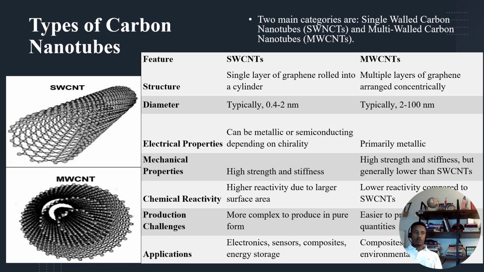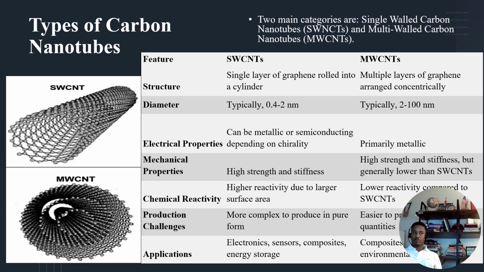Electrically, single-walled carbon nanotubes can be either metallic or semiconducting, depending on the chirality. As we have discussed on the previous slide, the chirality of the carbon nanotube decides the behavior of the resulting material. Multi-walled carbon nanotubes, on the other hand, are primarily metallic.